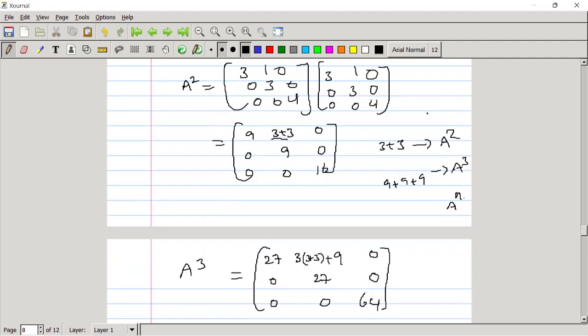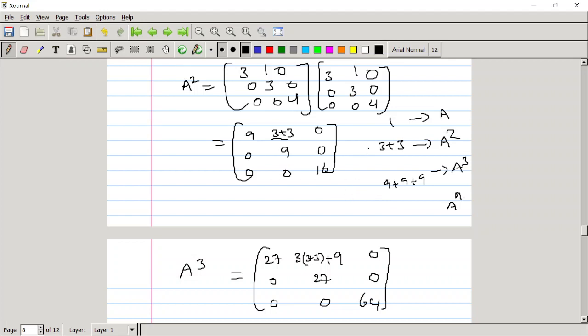In A square, the a12 element is 3 power 1 plus 3 power 1. Here it is 3 square plus 3 square plus 3 square. That means in A cube we are adding 3 times the 3 square.